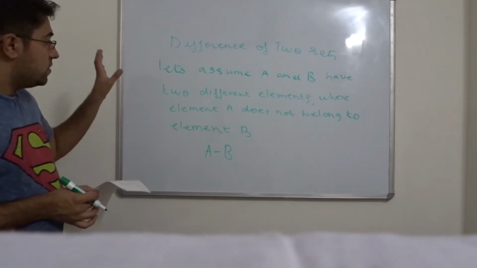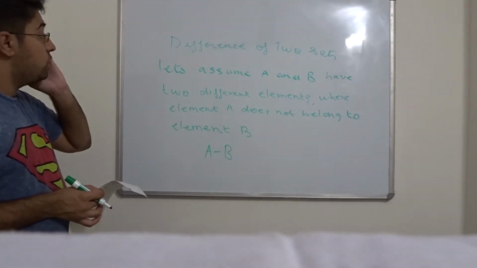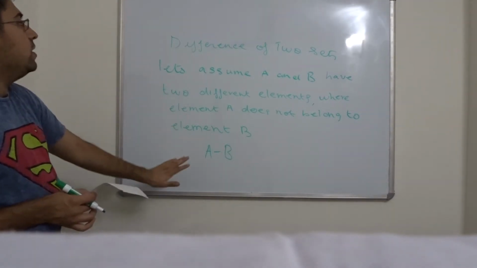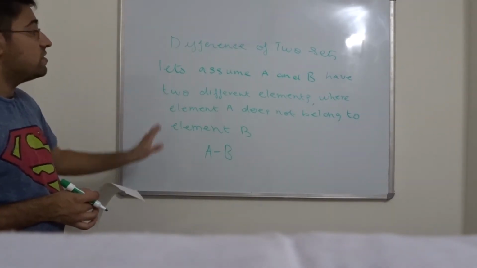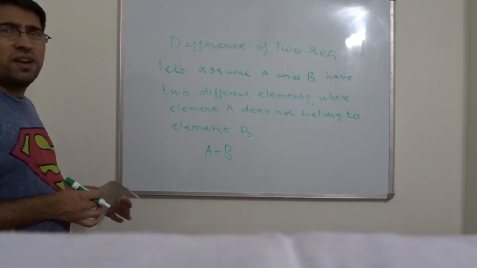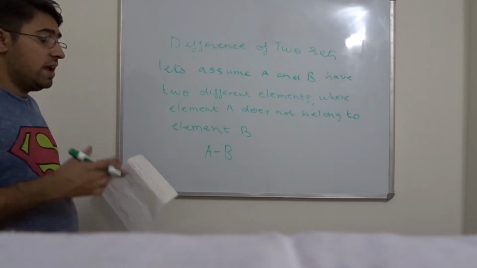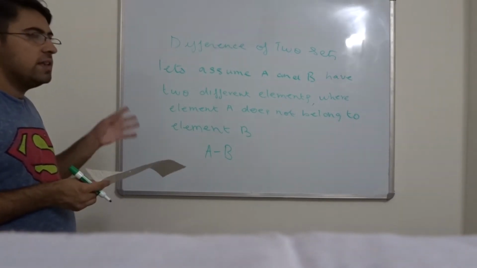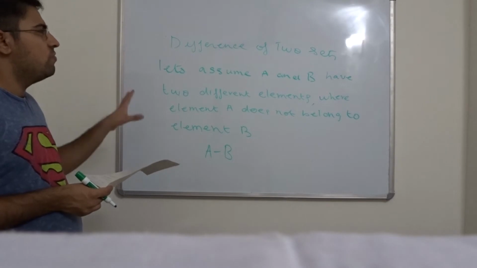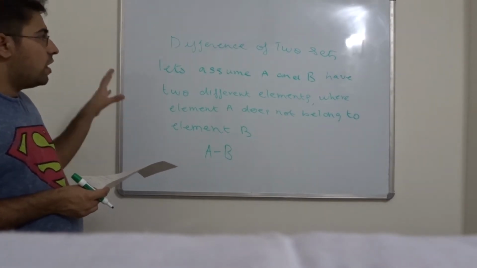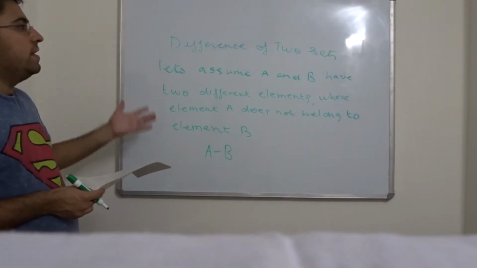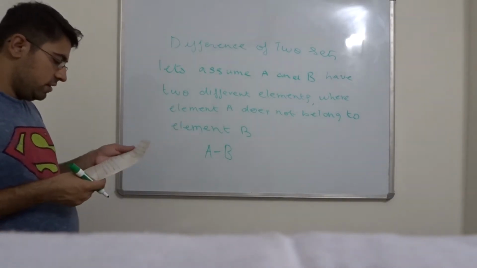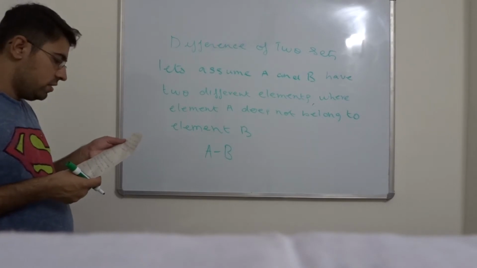So just copy this down right now, and I think it's self-explanatory, where element A does not belong to element B. Now if you still don't understand this, don't panic and don't sweat it, because like I said, anything which I don't explain or which is unclear to you, later on, once I do questions, you will start to find it a little clearer.